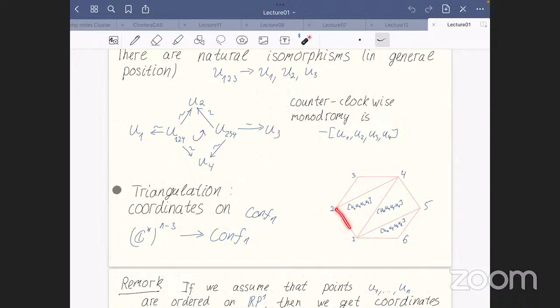So the flags that we draw, there's some n-gon, so these are straight lines. This is not important, and even the fact that these are lines is not important.